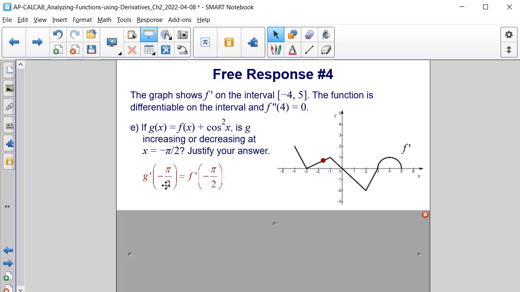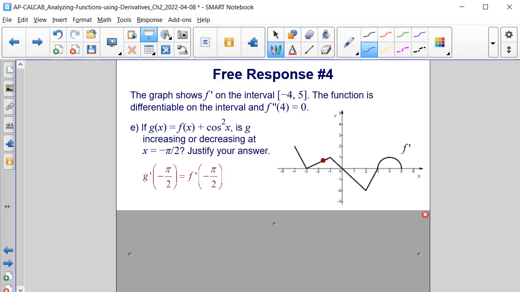Since we know that g prime of -pi/2 is equal to f prime of -pi/2, let's read our f prime of x graph. -pi/2 is about -1.5, or -1 6/10, so it's right about here. And if we go straight up, we end up at this point.